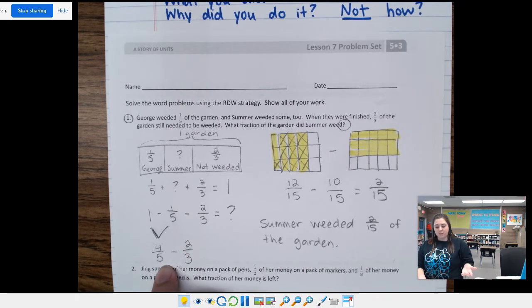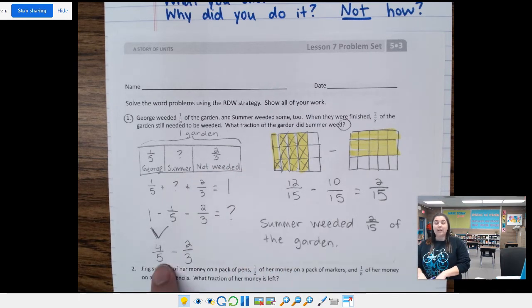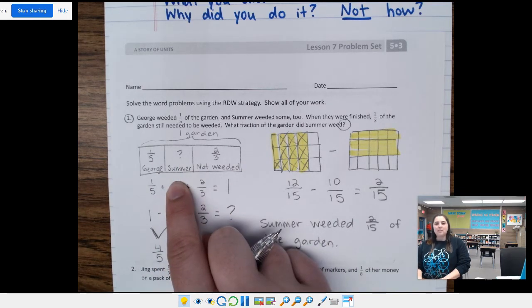George weeded a 1/5. There was 4/5 that still had to be done. Then I subtracted what wasn't weeded to figure out what part Summer weeded.